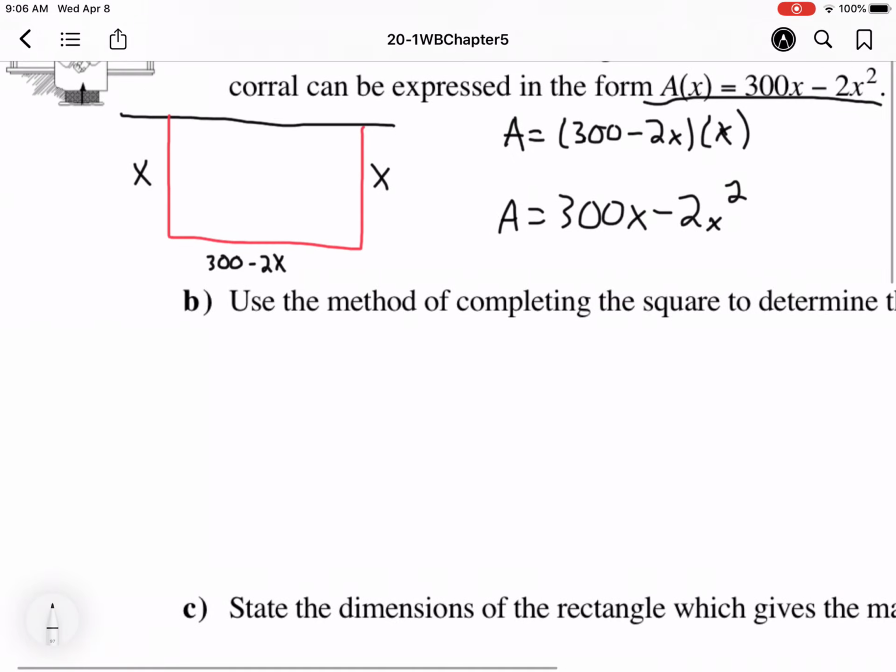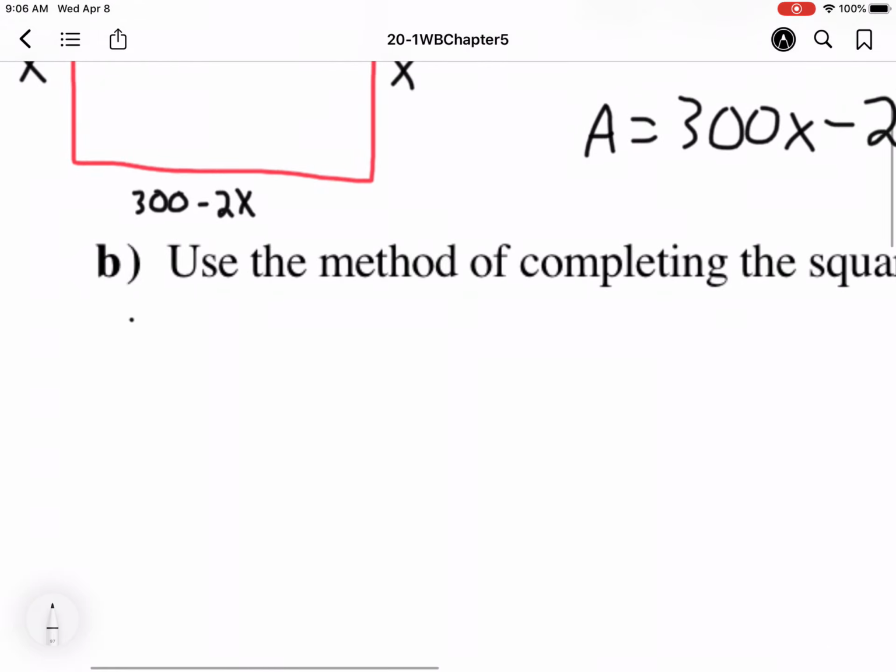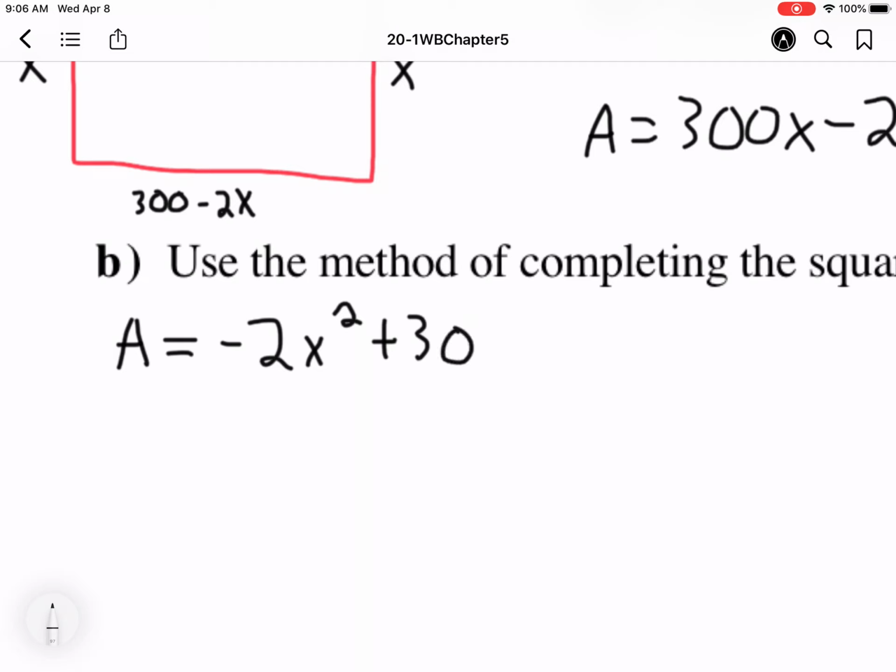So we want to find the maximum area. We take this equation and rearrange it a little bit so it's in the correct order. So A equals negative 2x squared plus 300x. Now we are going to factor and complete the square so that it gives us the vertex.